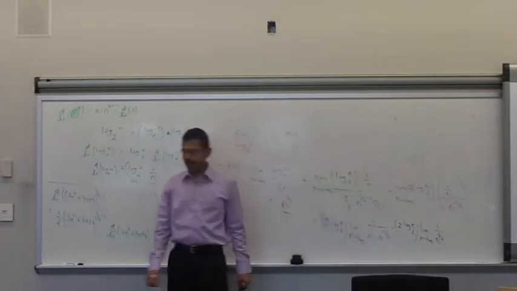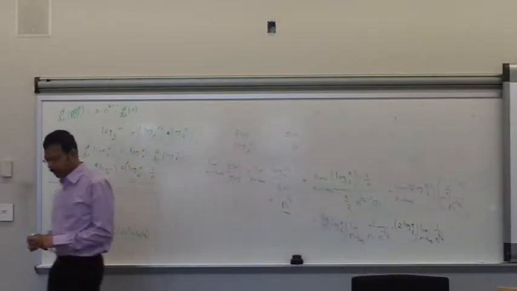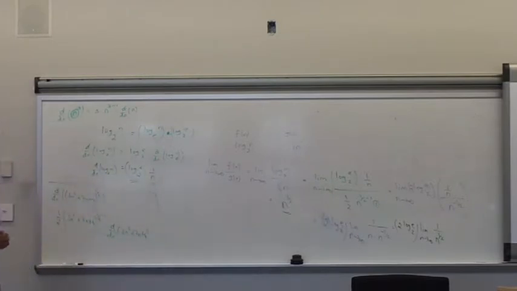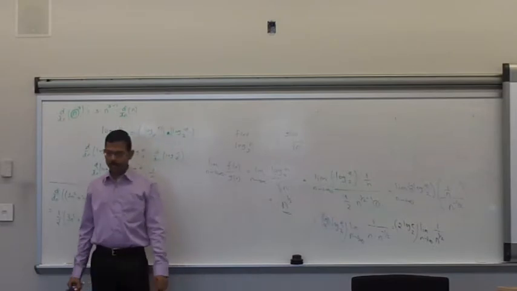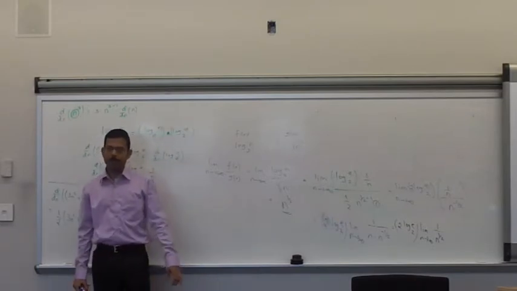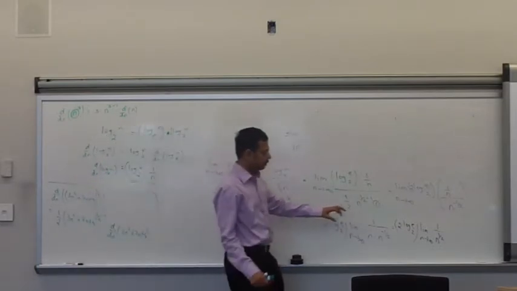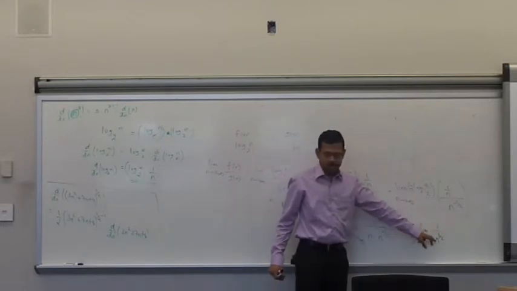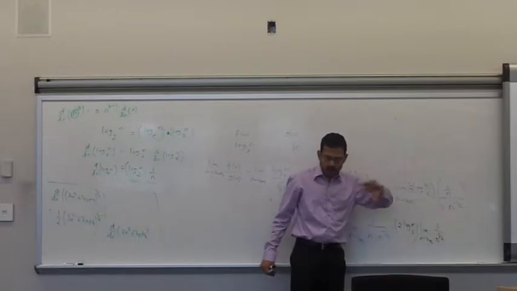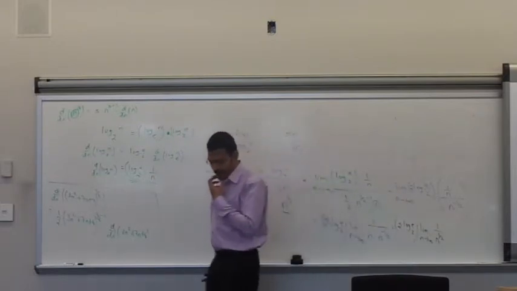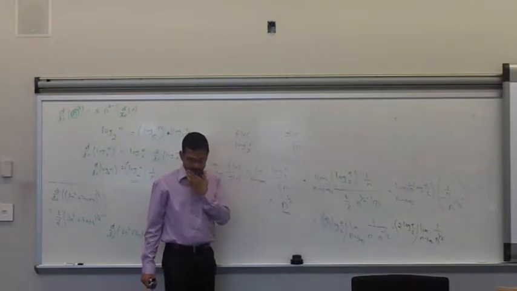What is that now when you apply the limit? 1 over n to the half, when you apply the limit, is 0. Why? When you apply the limit, it is 1 over infinity basically.